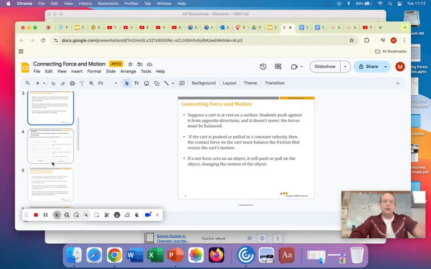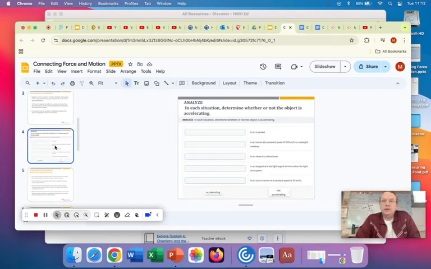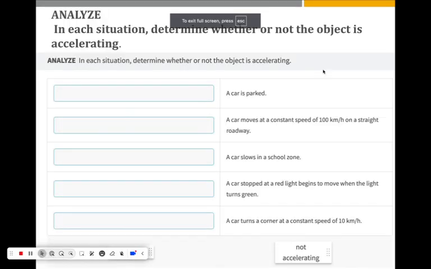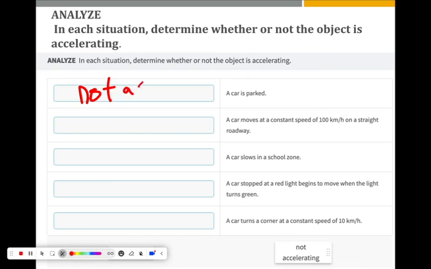Now let's think of these situations and tell me if the object is accelerating or not accelerating. A car is parked. Not accelerating.